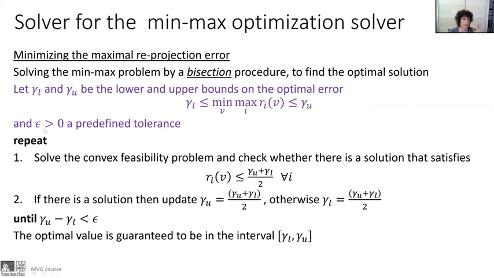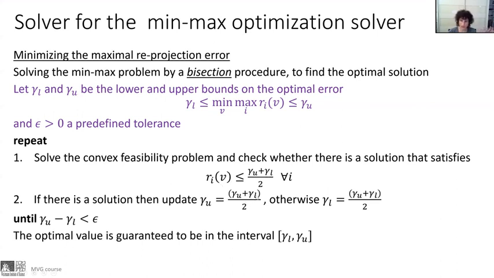And we have some accuracy that we want to get. So we solve the convex feasibility problem and check whether there is a solution that satisfies the new gamma, which is the average of the two bounds. If there is a solution, then I update the upper bound.